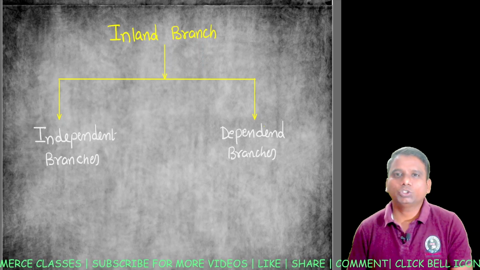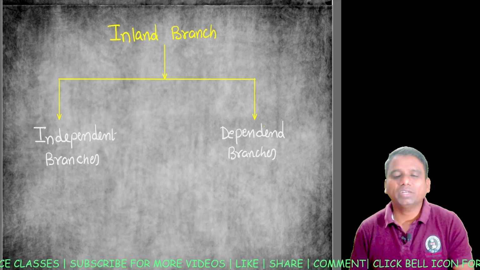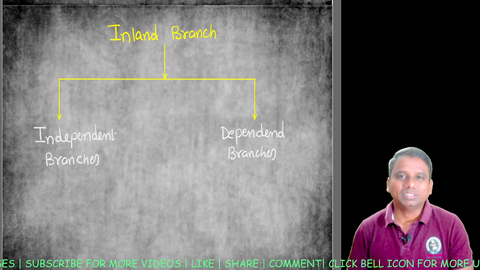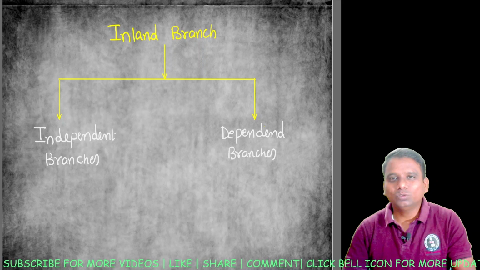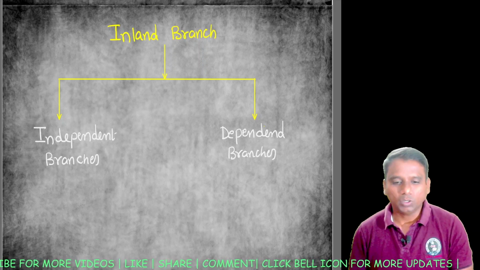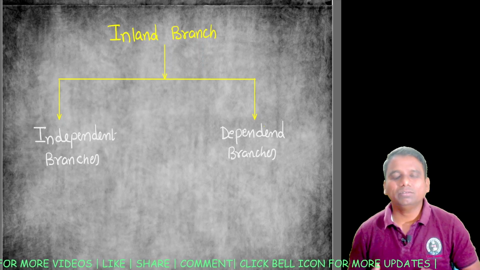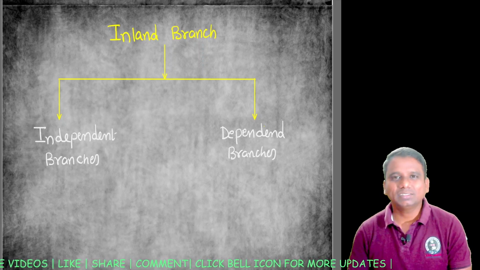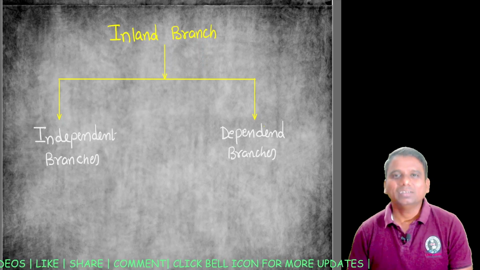As CS students, you should give some time to your mind to digest this concept. Unless you give time to your mind, you cannot digest this problem. Okay, pause the video and try to understand whatever we discussed till now. Now we discuss dependent branch.